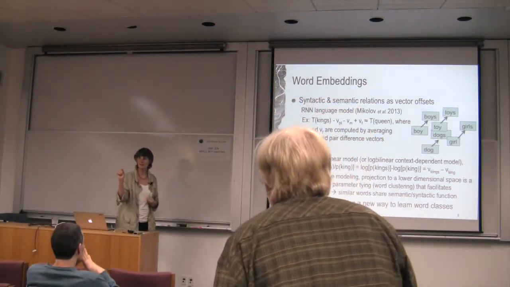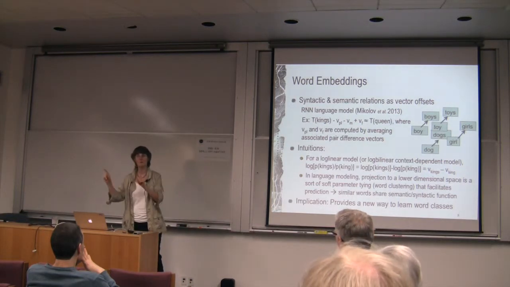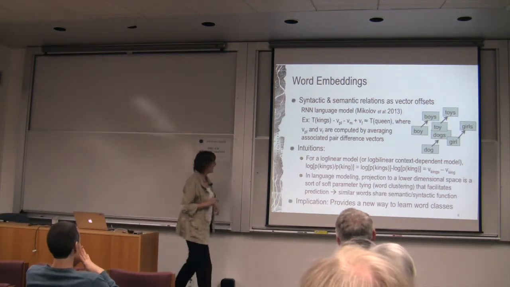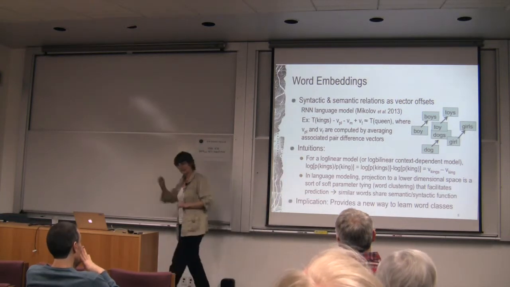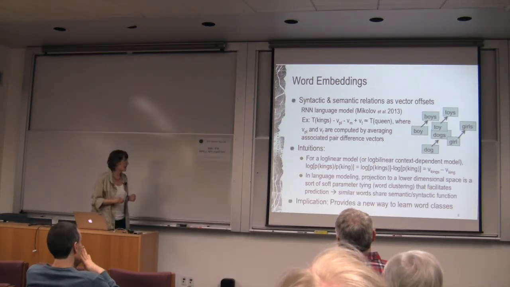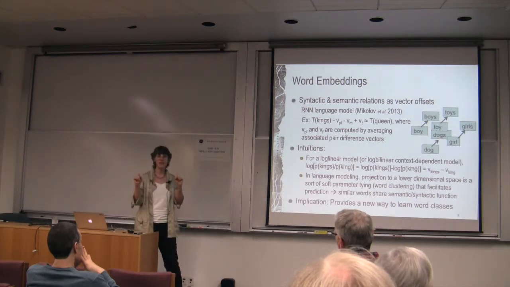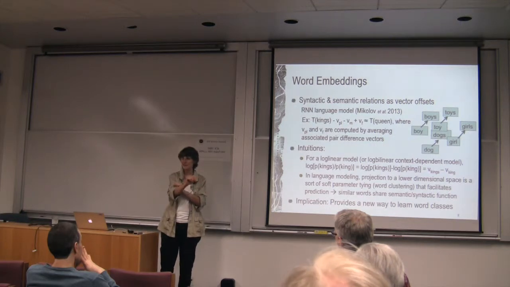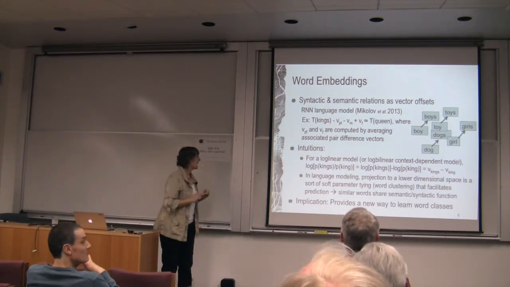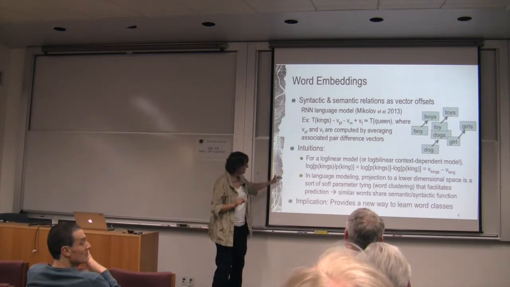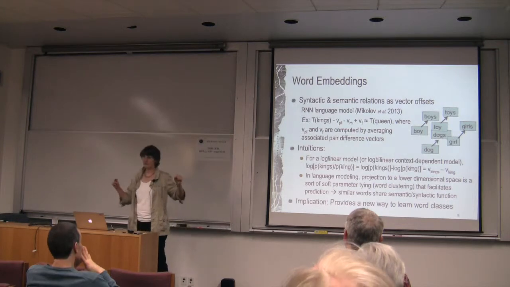Now, if you really think about it this way, you can also think of reasons why it doesn't work, but we won't go there right now. Another way that I will explain a little bit later: in language modeling, you can think about what you're doing as learning projections to a lower dimensional space that help you predict the next word, okay? And what this turns out to be is a sort of soft parameter tying between words.